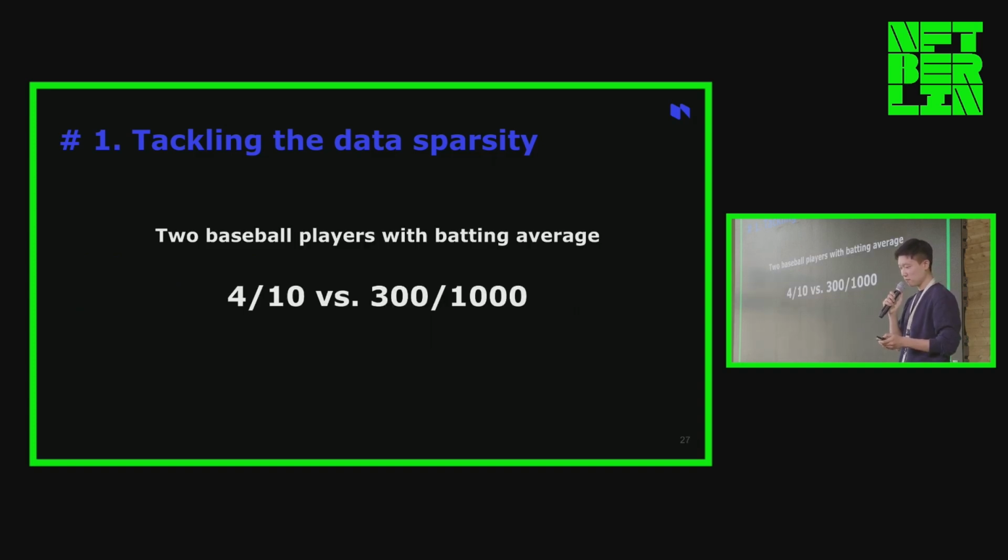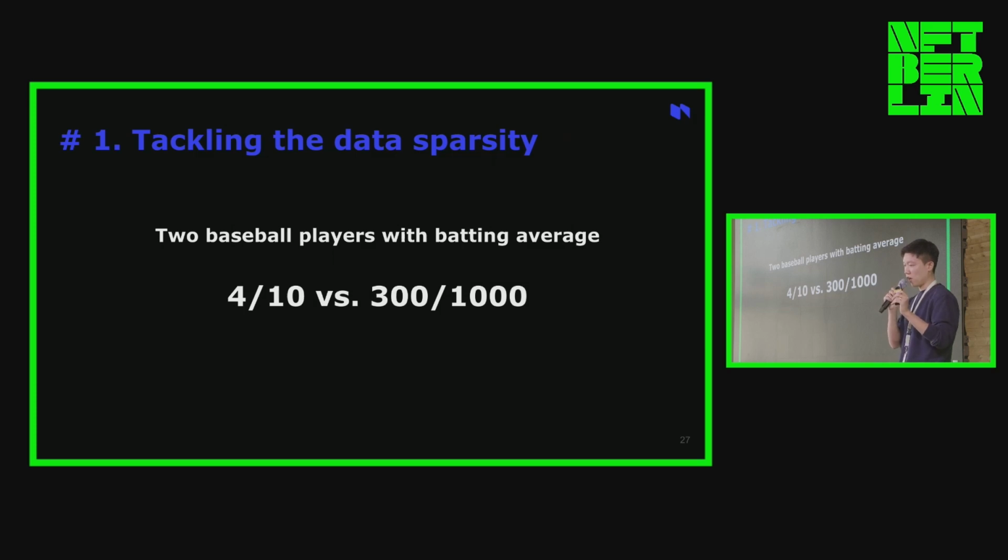To illustrate the data sparsity problem, let's assume that we are recruiters trying to recruit one of two baseball players. One has a success rate of 40%, and the other player has about 30%. However, the number of attempts and the amount of evidence is quite different.